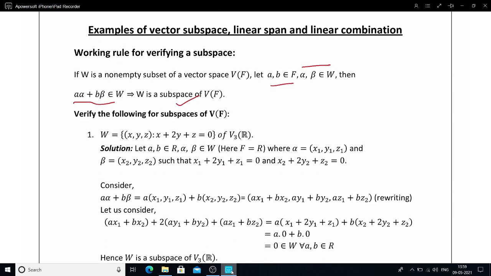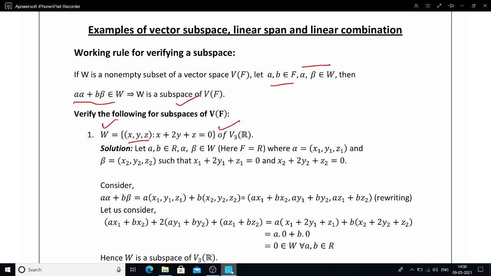First example. W is a non-empty set. Listen to my words with full attention. W is a non-empty set. We have to show that it is a subspace of a vector space V over a field F. It is an ordered triple.